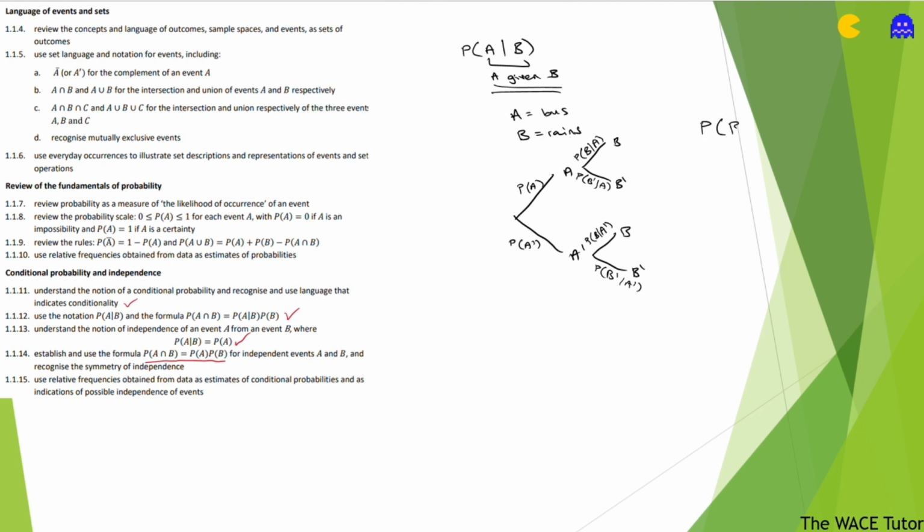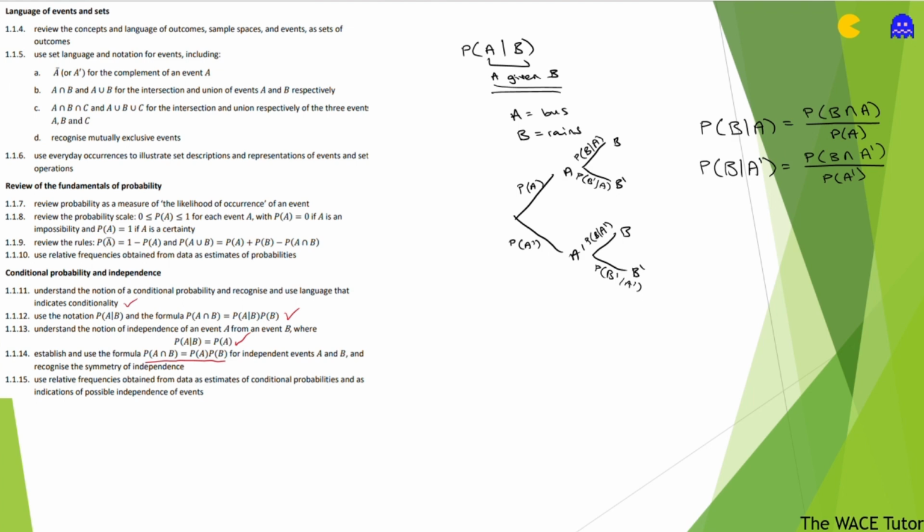Recalling that the probability of B given A is equal to the probability of B intersect A over the probability of A, and that the probability of B given not A is therefore equal to probability of B intersection A dash over probability of A dash.